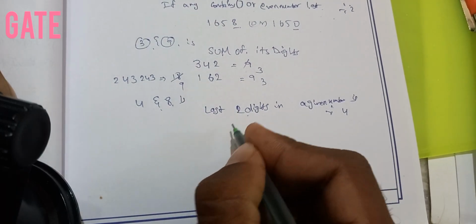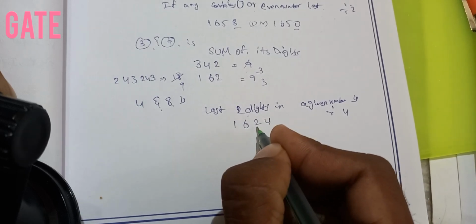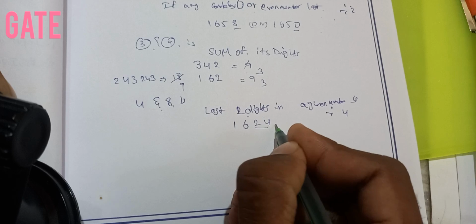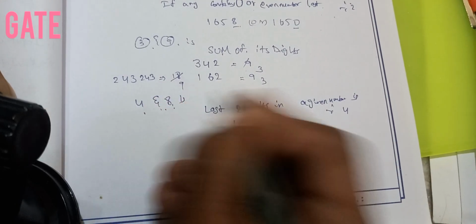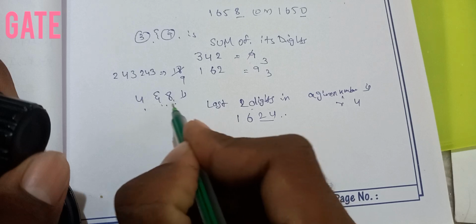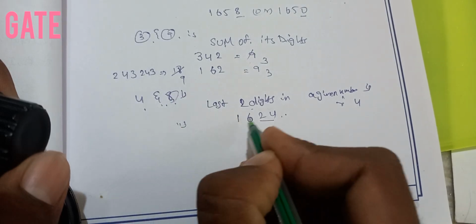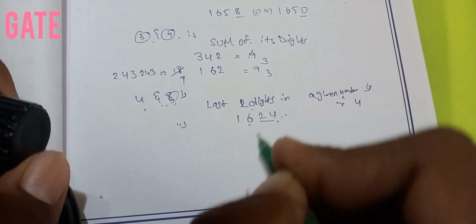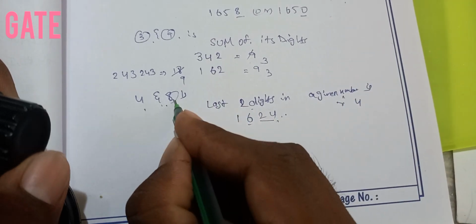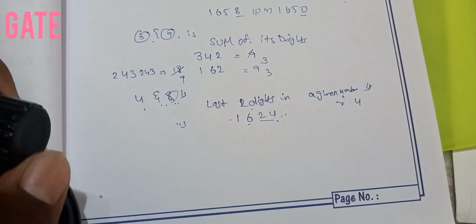For example, consider 1624. Here the last two digits are divisible by 4. The divisibility rule of 8 is that the last three digits must be divisible by 8. So that is the divisibility rule of 8.